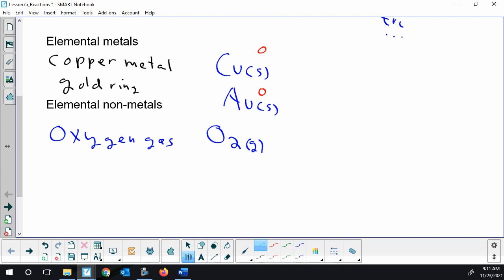Now, if you flip to the back of your Science 10 data sheet, you'll see a box. It's the periodic table side. Polyatomic elements is the name of the box on the Science 10 sheet. So you don't have to memorize that oxygen comes in pairs. You just have to remember to go to the data sheet and look that up.